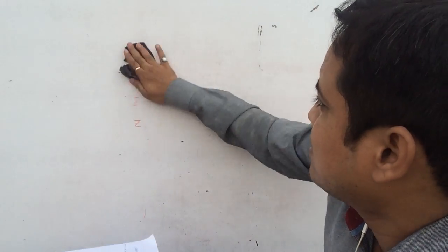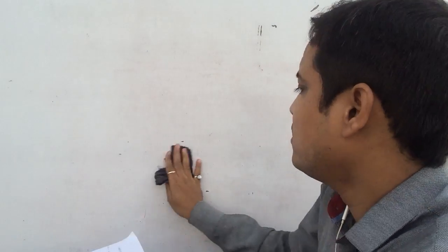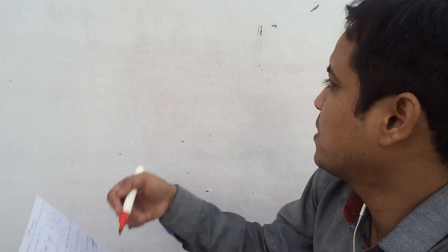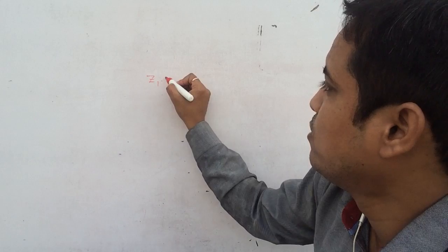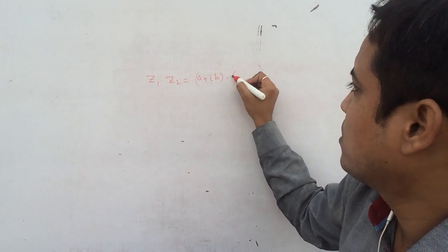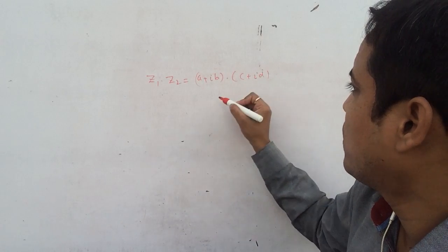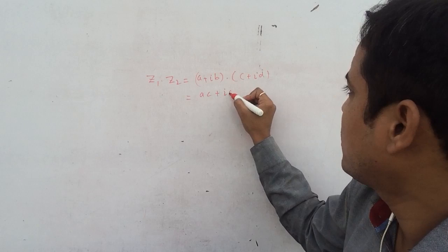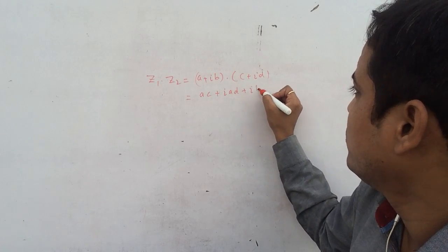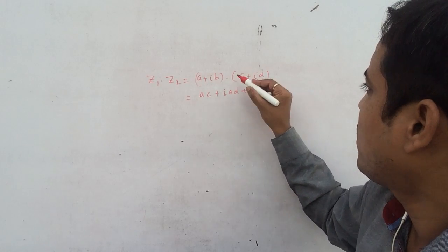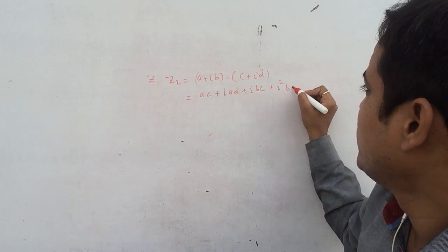Add, subtract, divide, multiply. Yes, I forgot to multiply. You can also multiply z1 into z2, like a plus iota b multiplied by c plus iota d. How would you multiply it? ac plus iota ad plus iota bc plus iota square bd.